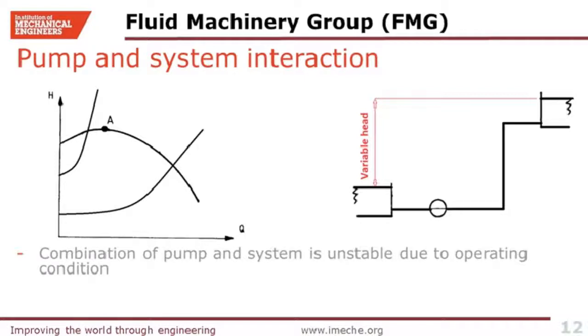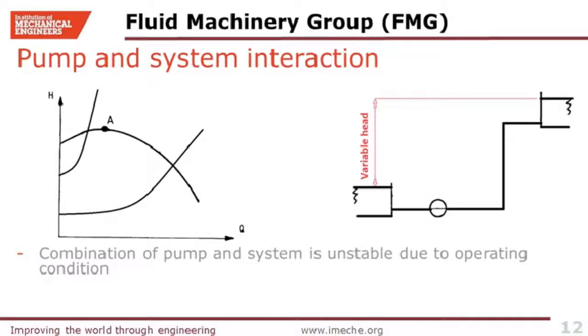We know that for a constant speed pump, the head developed by a centrifugal pump varies with the capacity. So the higher the capacity, the lower the head. So for example, here, once the intersection point is moving towards the left-hand side of the hump, the pump tends to move towards the no flow point, which in turn reduces flow rate and the resistance of the system decreases, which then encourages the pump to deliver more flow rate.